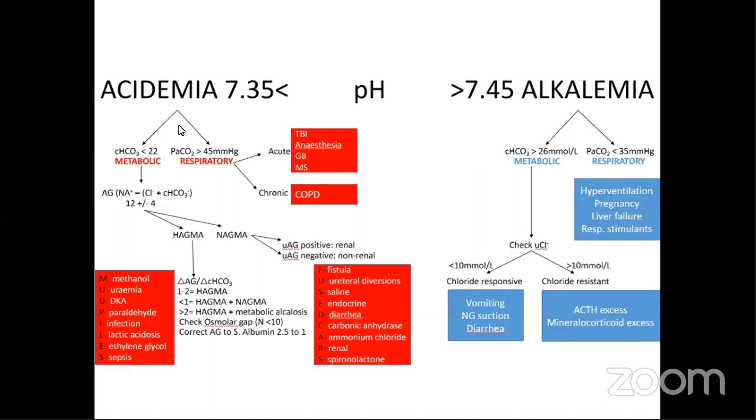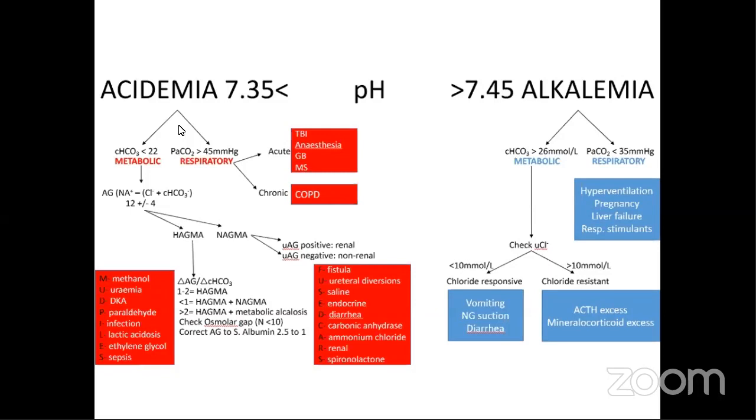If urine chloride is less than 10 millimole, this is chloride responsive metabolic alkalemia. Possible causes can be vomiting, continuous suction, diarrhea. If the urine chloride is more than 10 millimole, there is chloride resistant metabolic alkalemia. Causes for this: mineralocorticoid excess, ACTH excess.